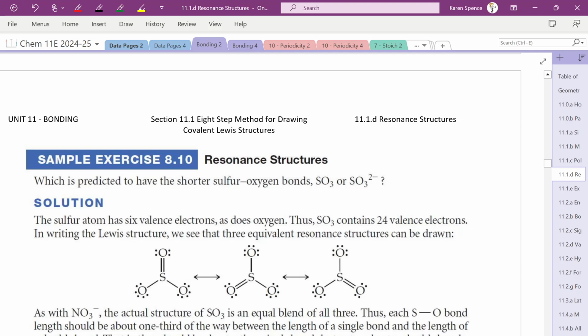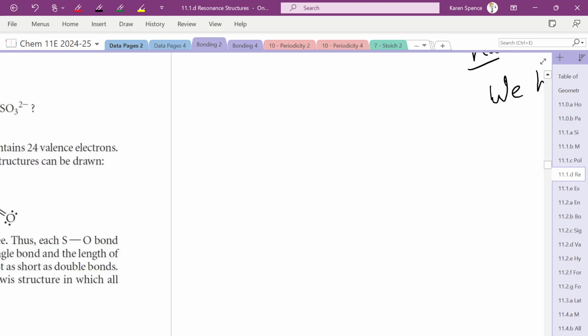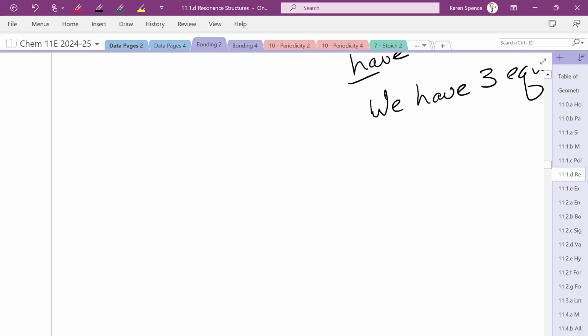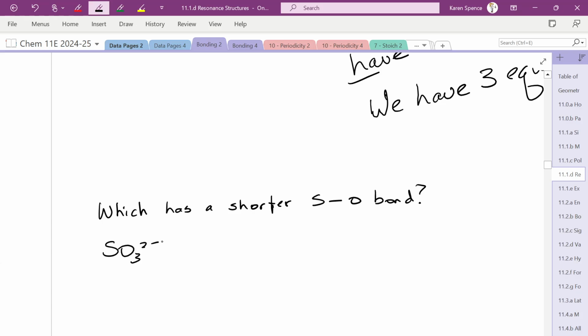Which has a shorter sulfur oxygen bond, SO3 or SO3 2 minus? SO3 2 minus or SO3 neutral? What are you going to have to do to solve that problem?